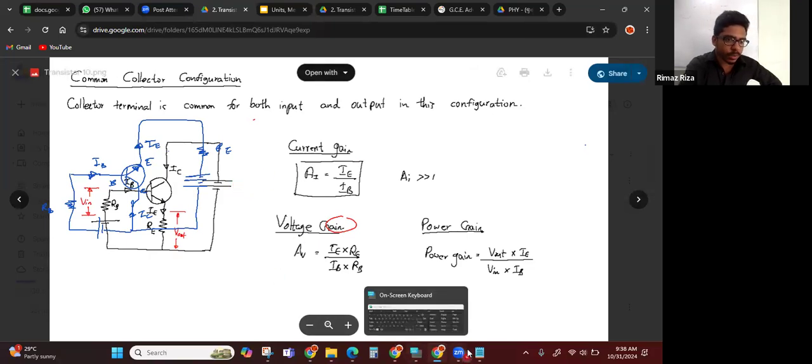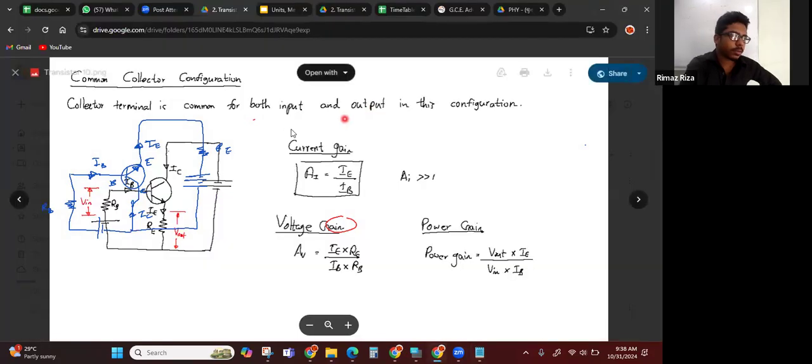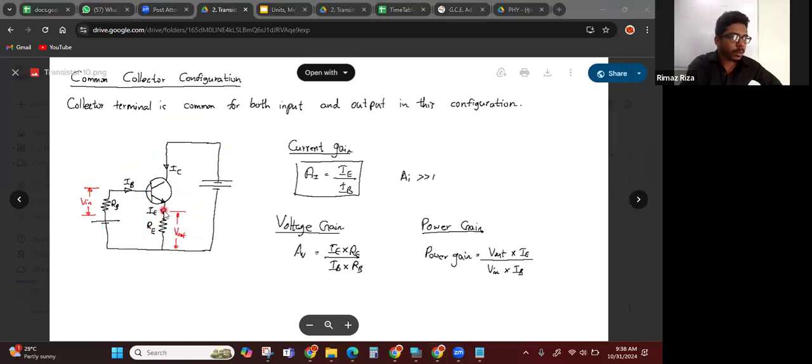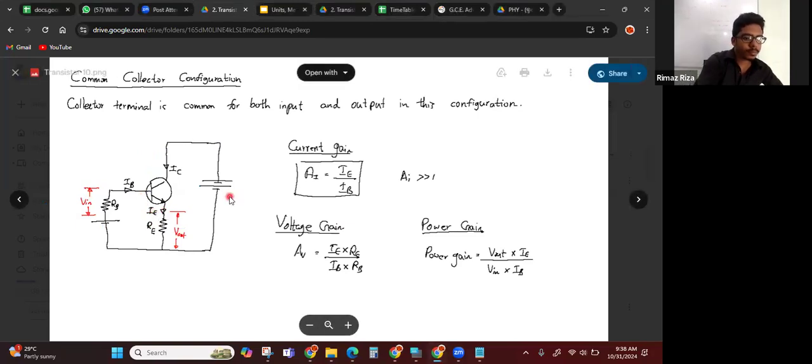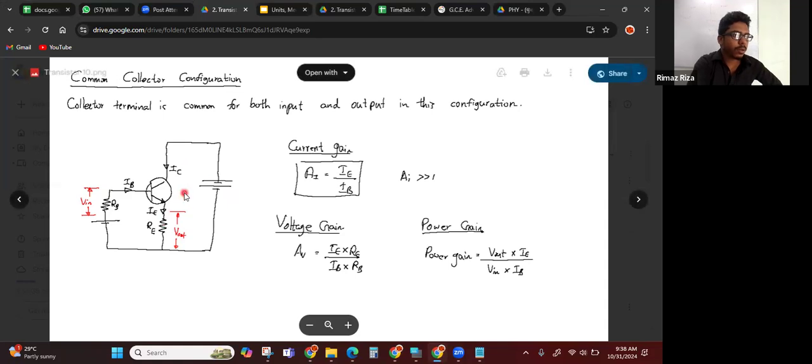So please draw the circuit which I have drawn. You can draw this circuit, because what we have here is common emitter, where we have taken the emitter common. So that is wrong. You have to draw this.